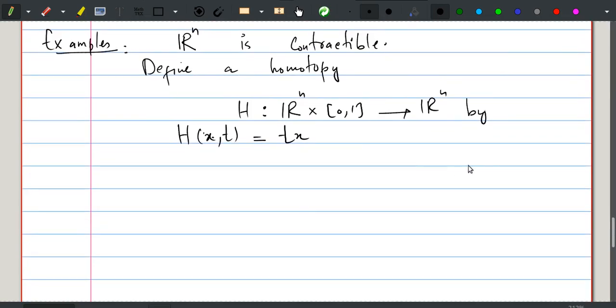So we have Rn here. What we have to prove is that Rn is contractible to some point, say 0, or some point x of Rn.